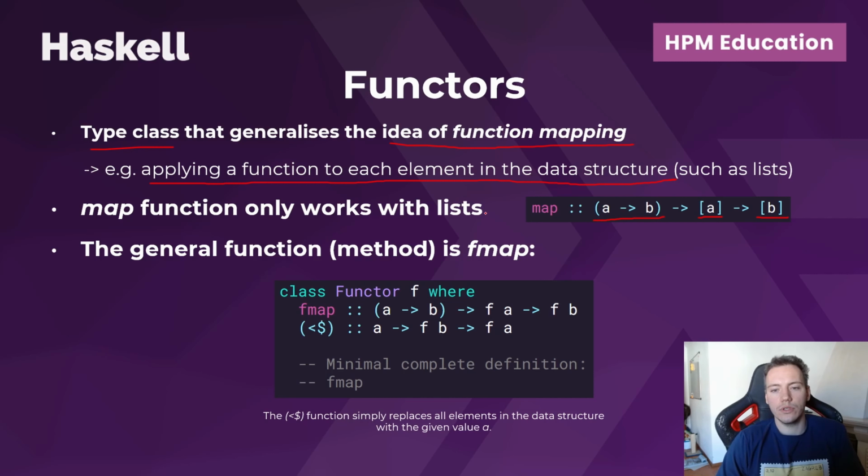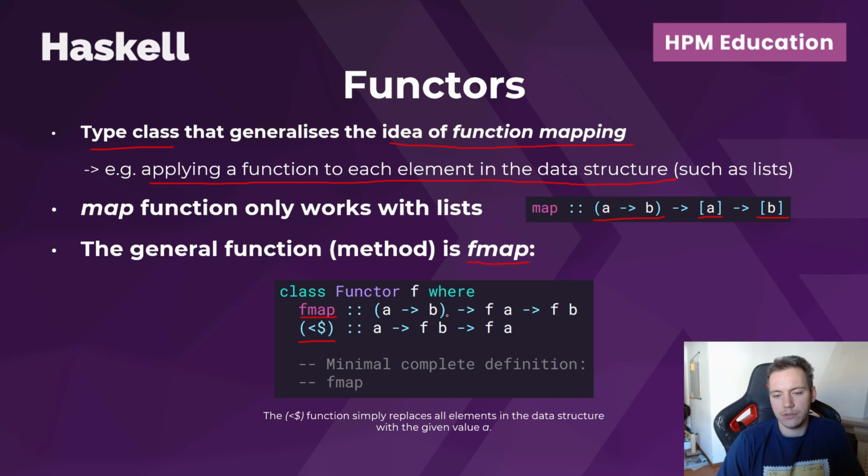Functors basically abstract or generalize this idea of the map function, and they are a class that supports the main method fmap. So here we have a class definition for functors. We have class Functor f where, and then we have the type signature for fmap, and another function we'll cover soon. The type signature of fmap is very similar to the one of map from lists.